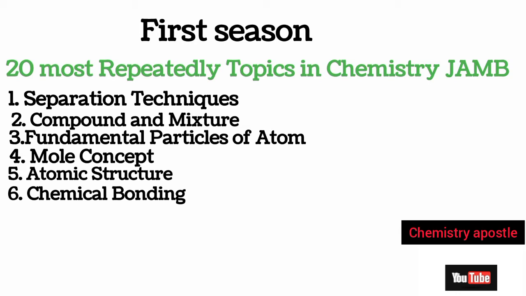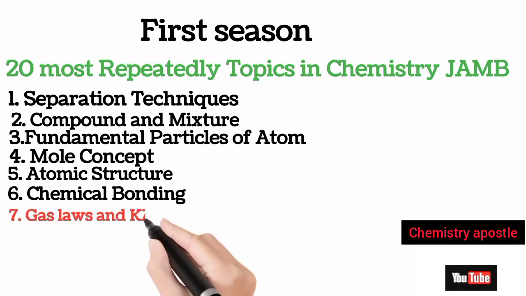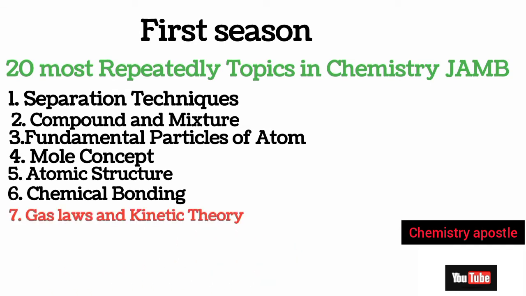Chemical bonding. Majorly, we have two types of chemical bonding. We have electrovalent bond, which is also known as ionic bond, then we have covalent bond. So you are expected to know the examples of electrovalent compounds and examples of covalent compounds.